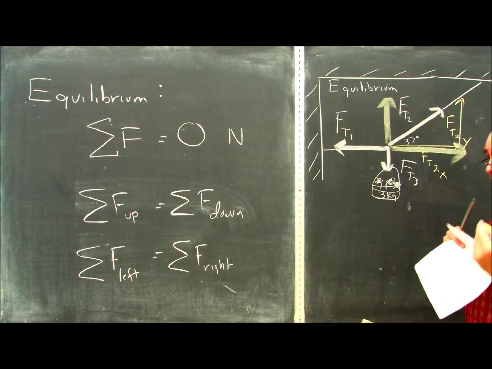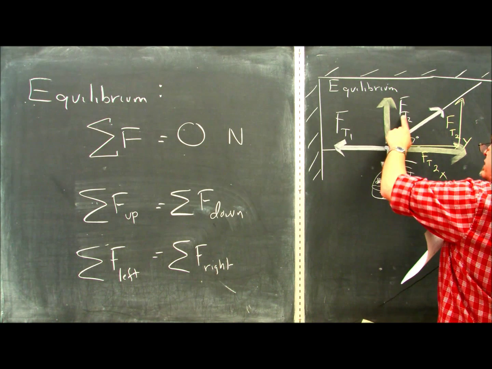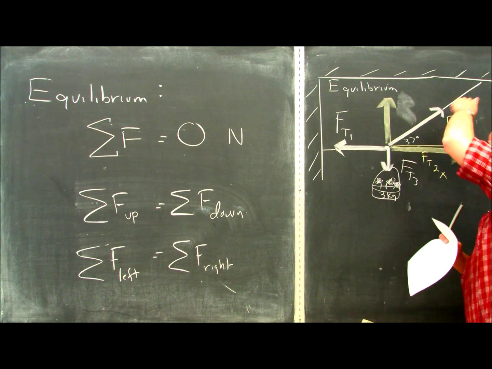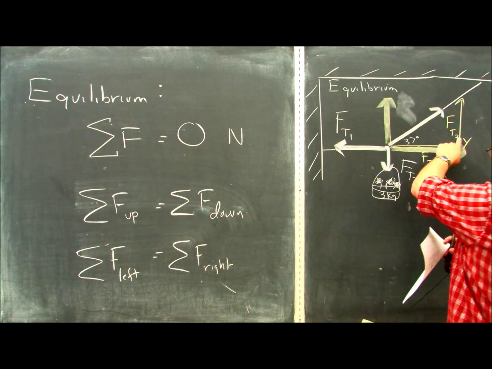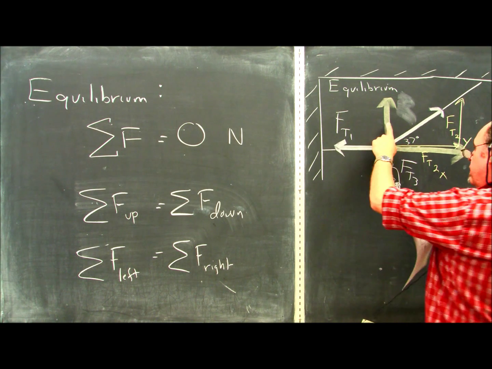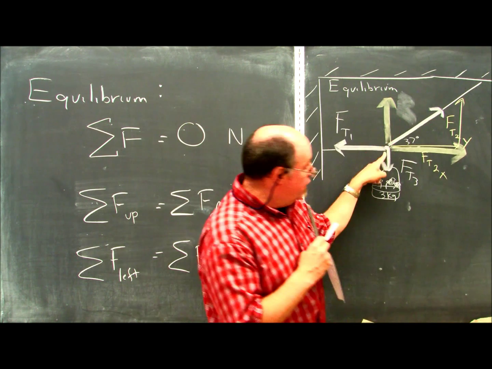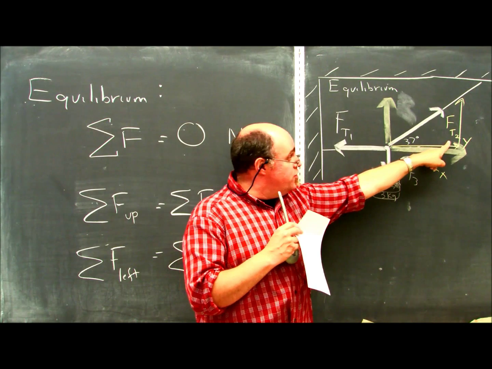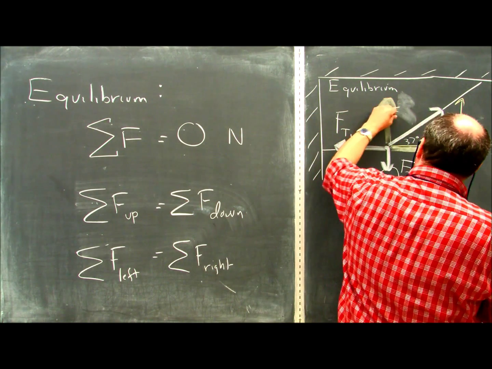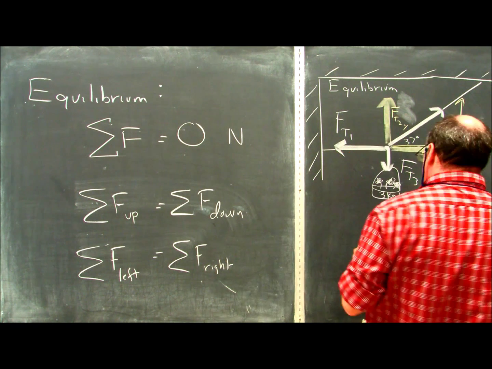And I'm capable of finding out what those things are. So instead of talking about the force subscript 2 in this line, I'm going to take these other two pieces. And what is this one right here? The one pulling the knot straight up, that's force tension 2 in the y direction.